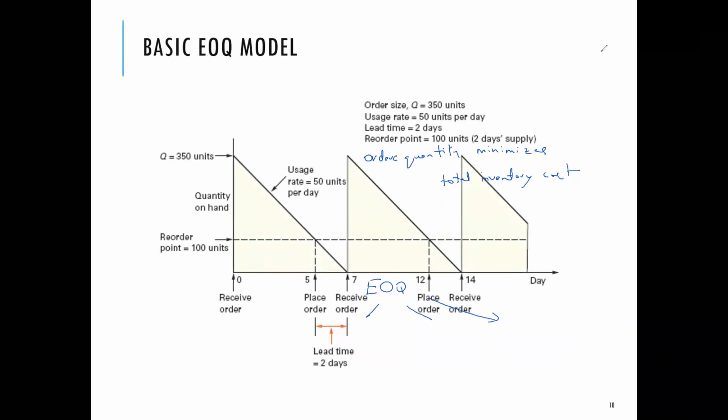Now in this lecture, I will keep on referring to this example again and again. So let me first explain what the example is. In this example, we assume that our lot size is 350 units. Lot size is the amount of units that we generally order.